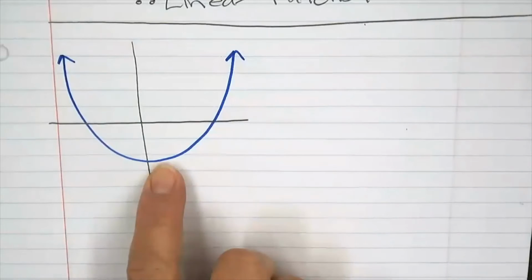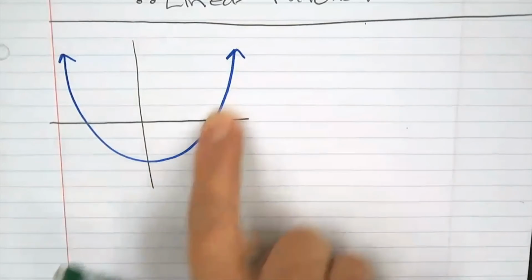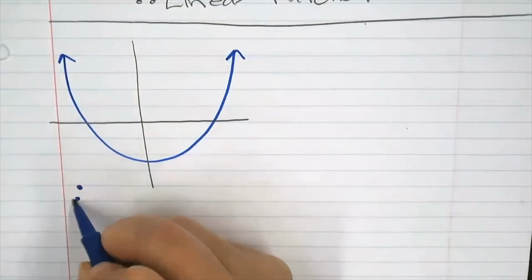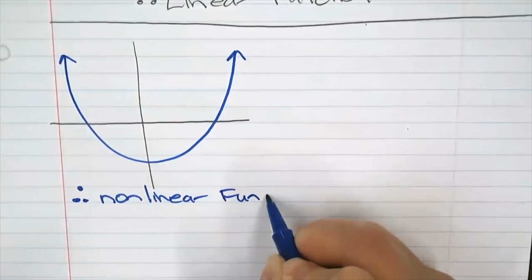Every x or every input has only one output. So this is a function. But we need to decide, is it linear or non-linear? Linear means it is a line, a straight line. Non-linear means it's not a line or it's not straight. So we can look at this. This is definitely not a straight line. There's a curve right here, right? So this is a nonlinear function.